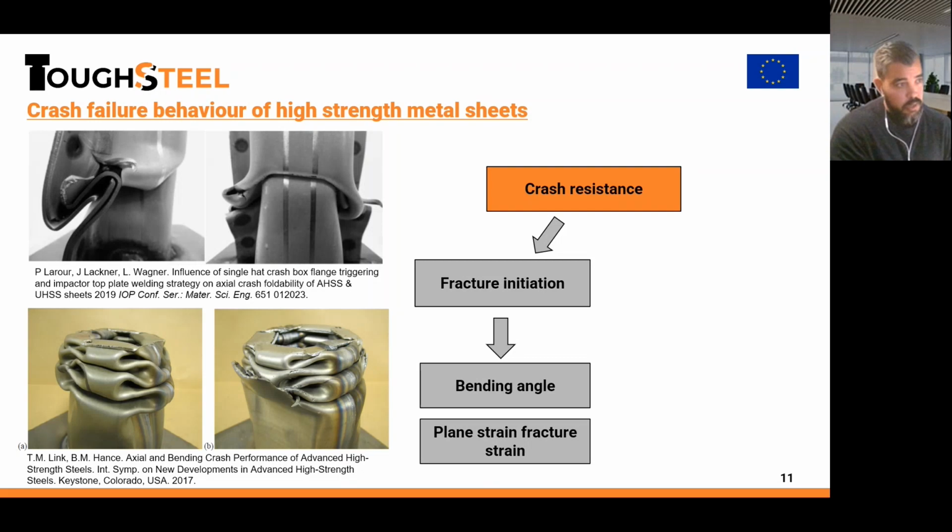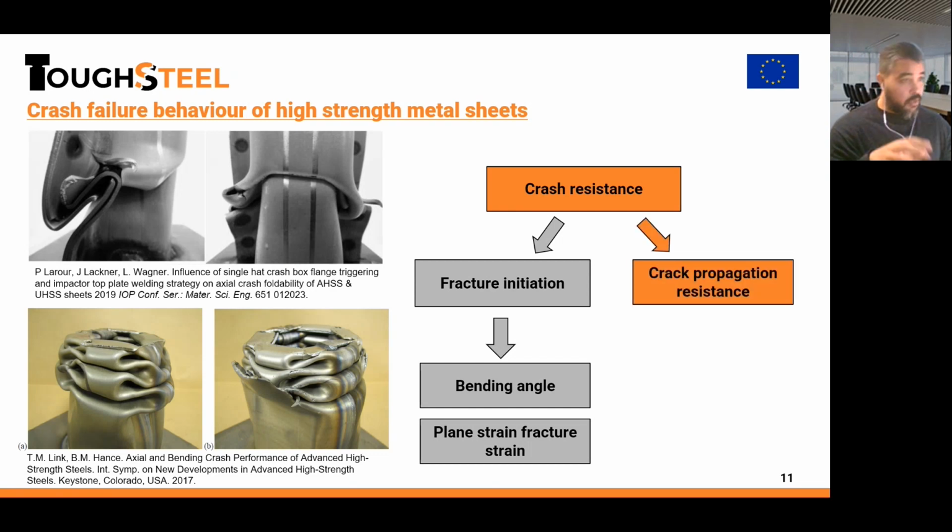This is a widely used standard parameter to define the crash bendability of high-strength steels. Also, parameters like the plane strain fracture strain proposed by ArcelorMittal have been shown to be very useful to understand this crash failure initiation behavior.